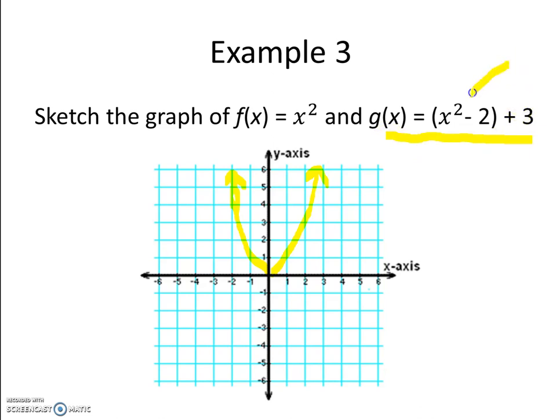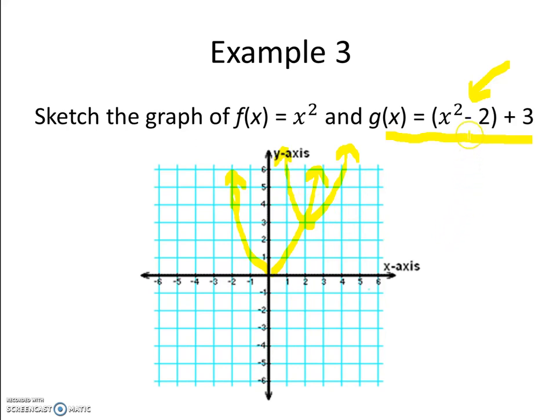Well, this negative 2 on the inside of the parentheses actually shifts it to the right 2, and that positive 3 on the outside moves it up 3. So right there is where we start, and we still make our smiley face parabola. And so we have that.